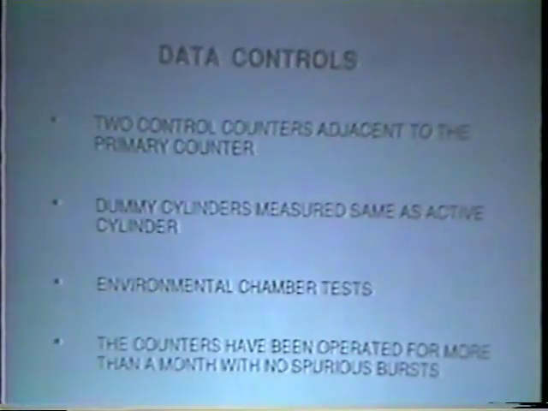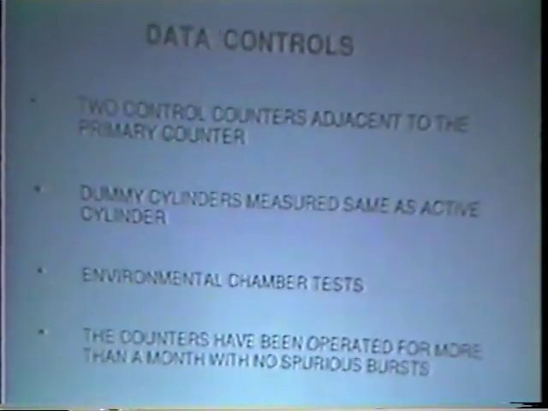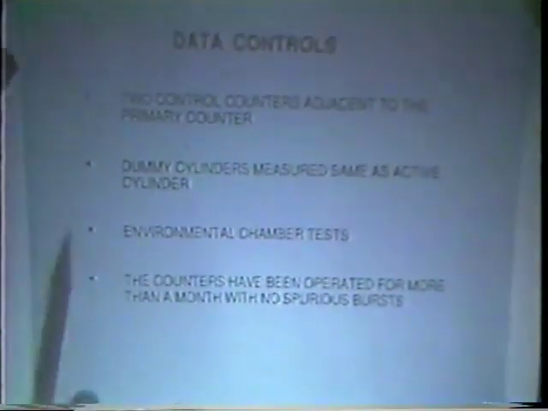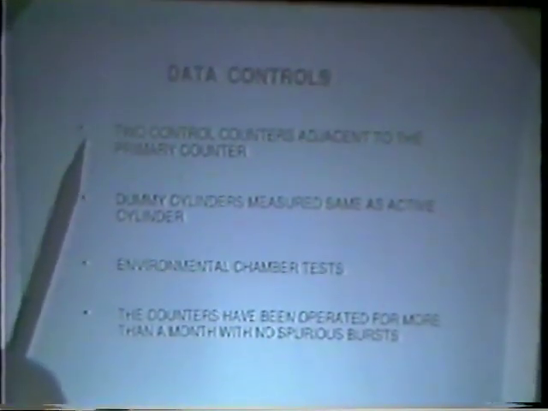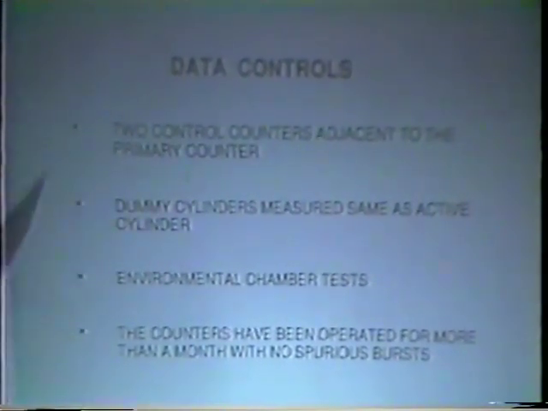Our management said that before we present our results, we should get our ducks in a row, so this was that one. Our data controls for these experiments were at least 2 similar counters adjacent to the primary counter operating during the entire experimental period.